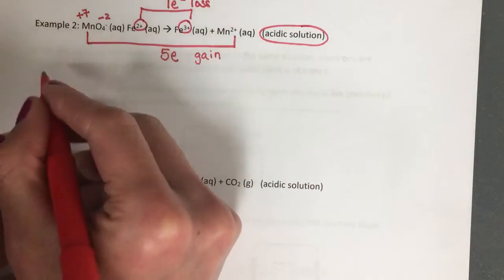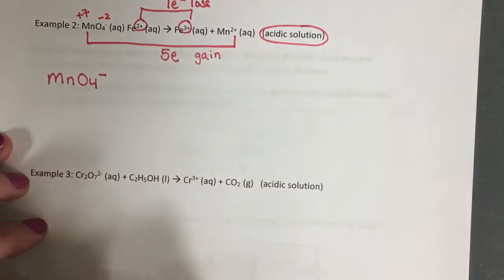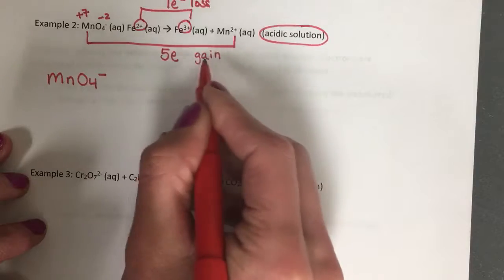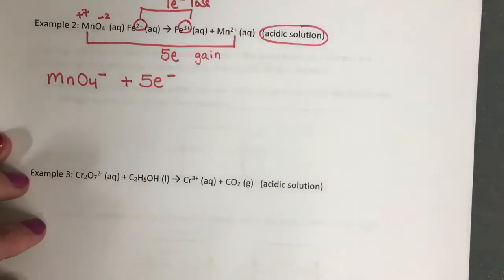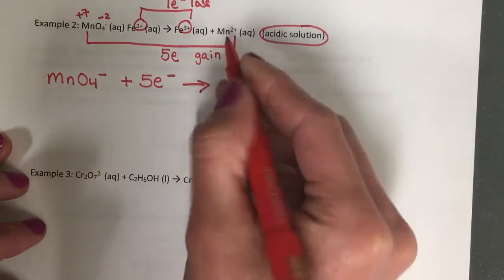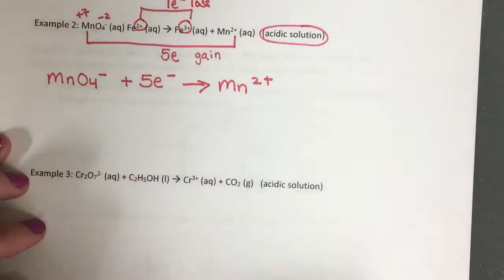So here's the way I'm going to write this. MnO4 minus is gaining electrons, so they are reactants. It's making Mn2+.